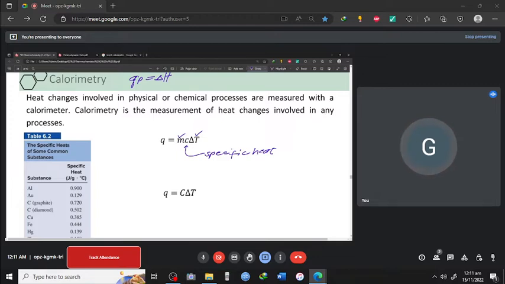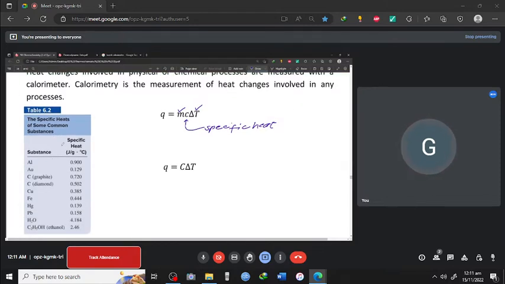That's the reason why some materials dissipate heat quickly, and some do not. So, anong ibig sabihin nito? As you can see to our left, meron tayo ditong table kung saan nakalist dito yung mga specific heat ng mga materials natin. Sabi natin kanina na meron tayong mga materials na mas mabilis mag-release ng heat or mag-dissipate ng heat kumpara sa ibang materials.